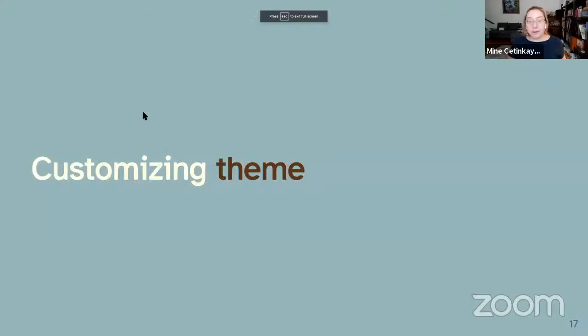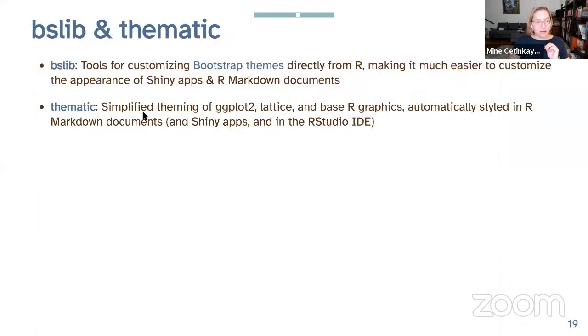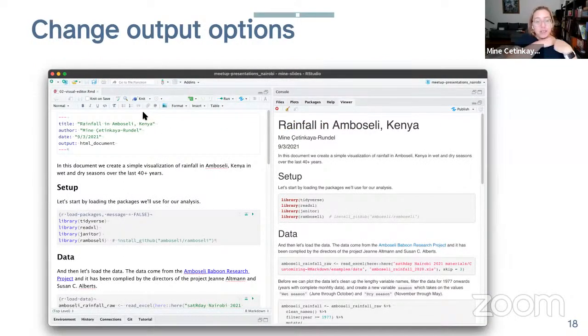So let's talk a little bit about customizing your theme. So here is, oh, that's an extra slide that does not need to be there. So let me go here. There are two packages that you might use for customizing the theme of your document. Some of it you can do simply by clicking on this little gear icon here.